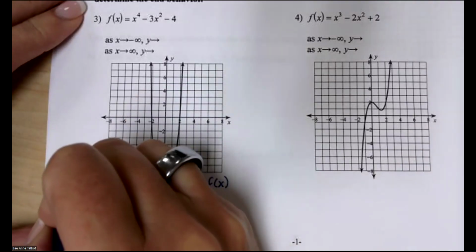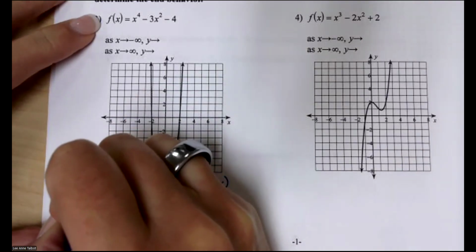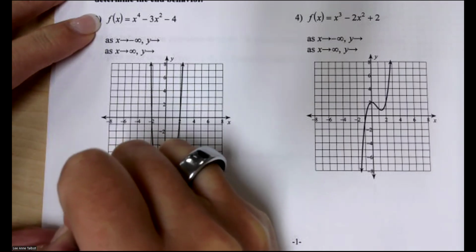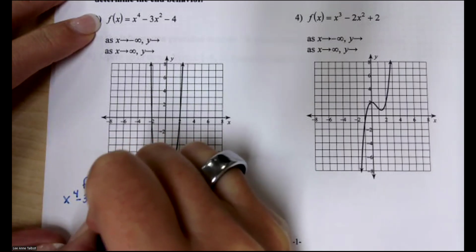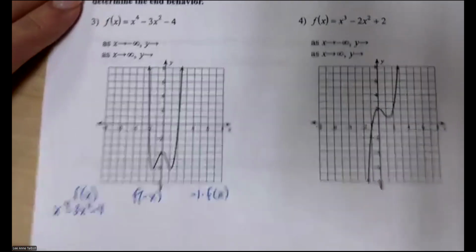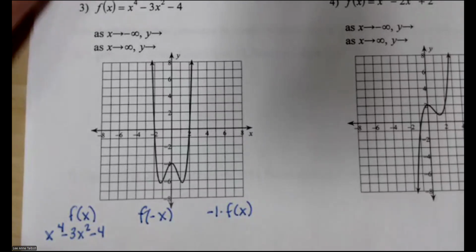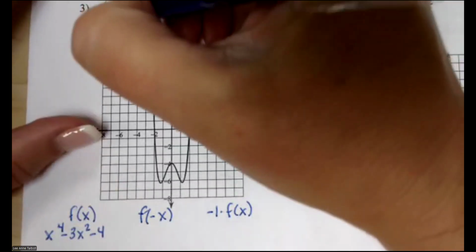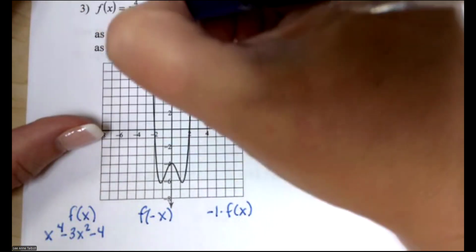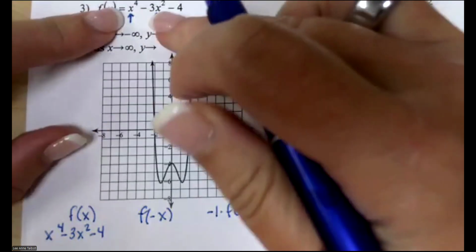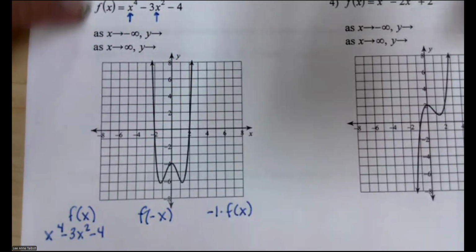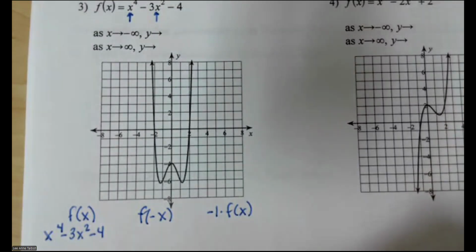The regular is just writing it down the way it is. Okay. And then for the -x, please listen. Now is not the time to not listen. You're going to put -x everywhere that there's an x with parentheses.